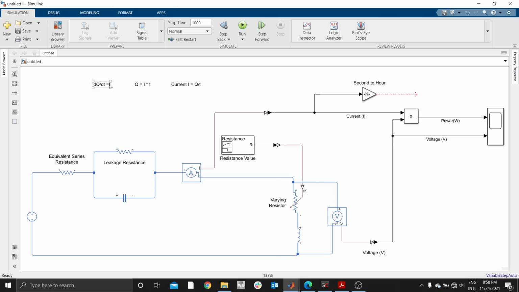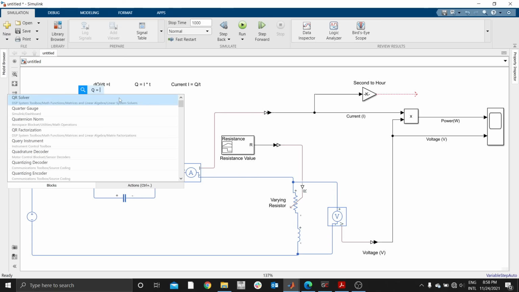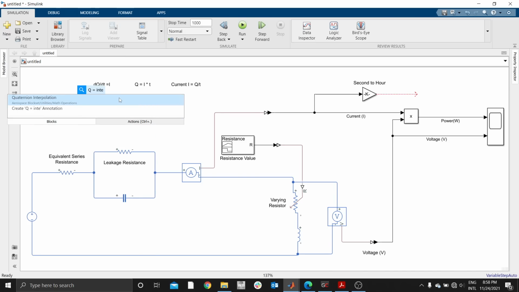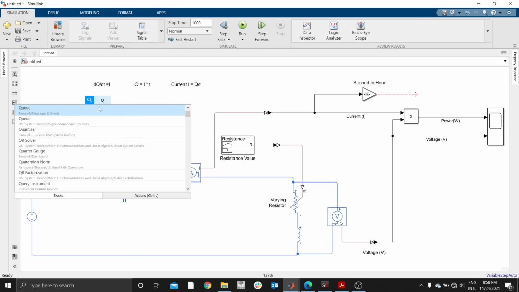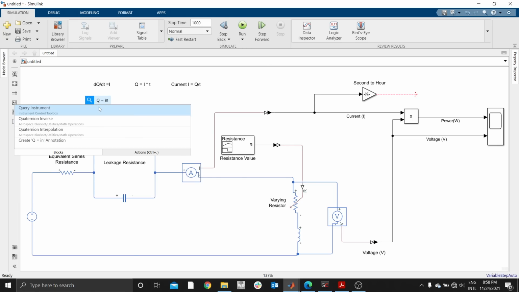How do you get q? Therefore, q will be equal to the integral of I dt. Therefore, q equals the integral of I with respect to time dt.